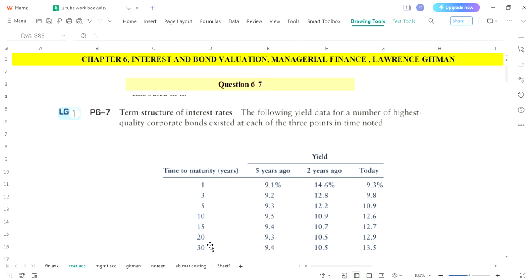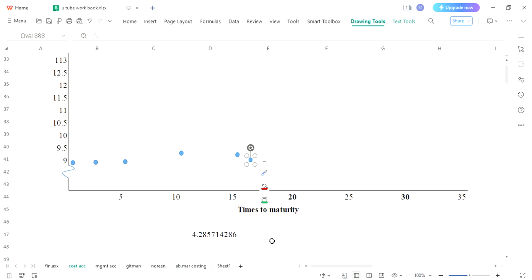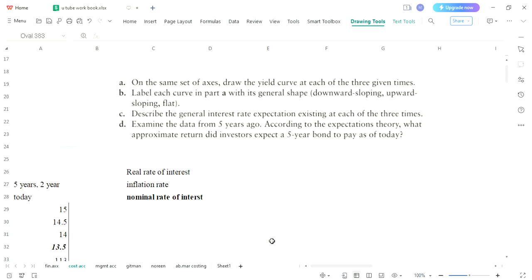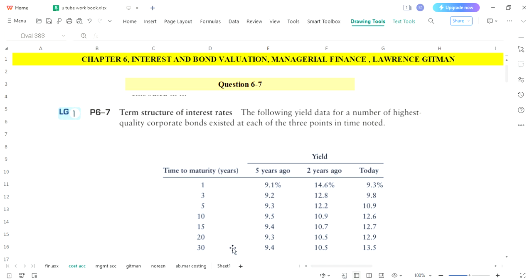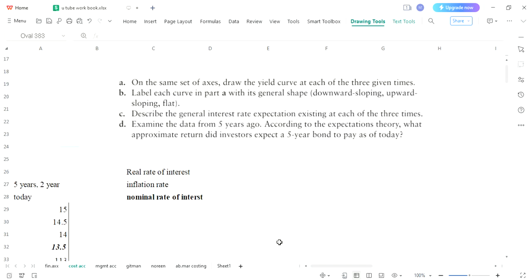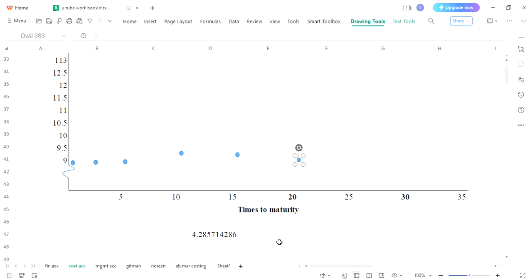Next, for 20 years, this is 20 years, and for 20 years we have 9.3. 9.3 would be just below 9.4, so we have got it.